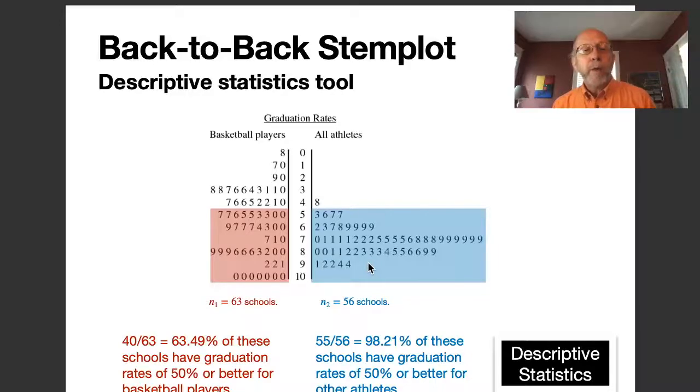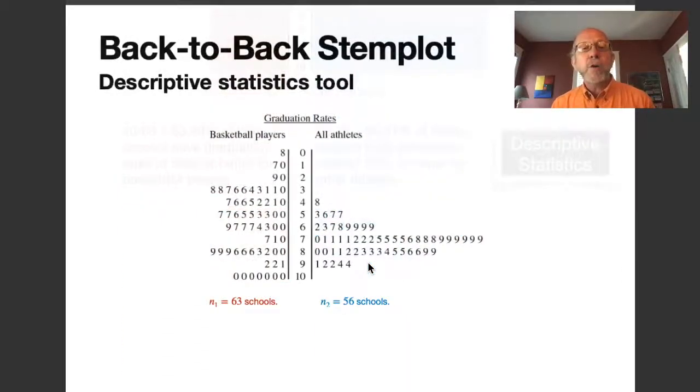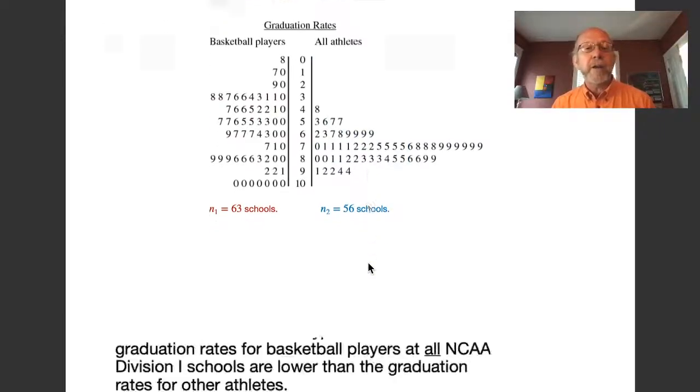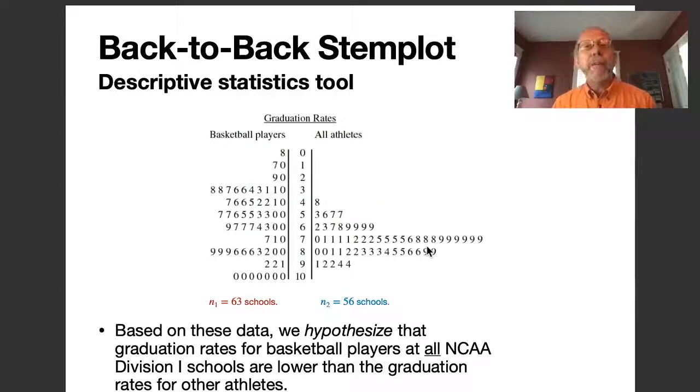So, what kind of inferential statistical move could we make here? Well, remember our data set is for schools that sent players to the playoffs, but there's a lot of other NCAA Division I schools as well. And so, for instance, looking at our data, I might make a hypothesis that graduation rates for basketball players at all NCAA Division I schools are lower on average than graduation rates for other athletes.